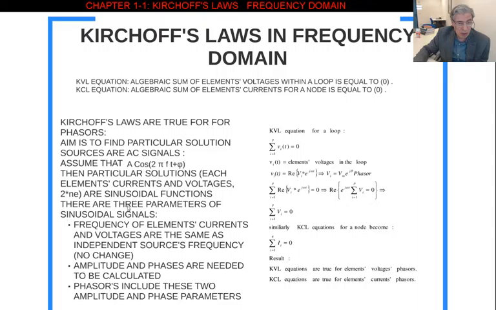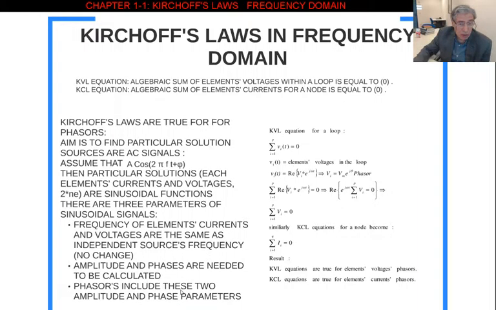What is left? Amplitude and phase need to be calculated. Phase is the angle. Don't confuse phase and phasor. Phasor is the new terminology we introduced and examined in the previous video.